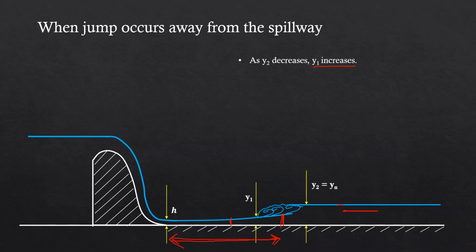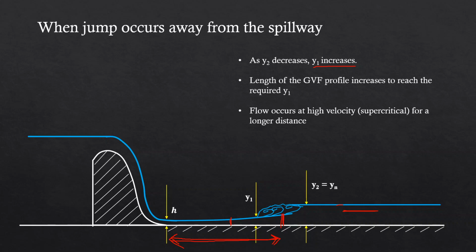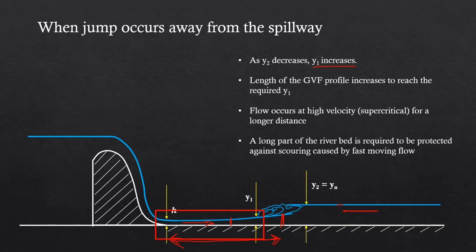The problem with that is that the flow velocity is very high in this portion, and therefore a long portion of this river bed will require protection against the scouring action of the fast moving supercritical flow. So we obviously would want to avoid that. Now let's search for an optimum solution.